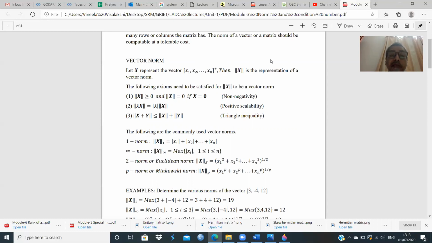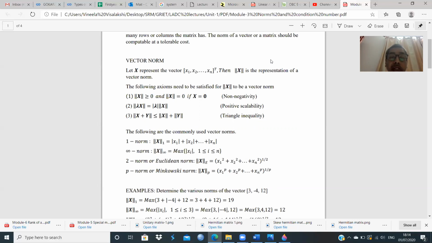Suppose we have a vector space in the Rn space, and one of the vectors is capital X represented by its components x1, x2, etc., xn. Then norm X should satisfy three conditions. One is the non-negativity condition, then positive scalability, and the triangle inequality.